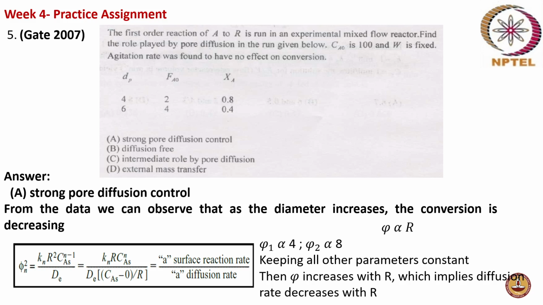Second case, it is proportional to 8. So then the Thiele modulus increases with R, which implies that the diffusion rate decreases with R. So as the diameter of the catalyst pore increases, your diffusion rate actually decreases.